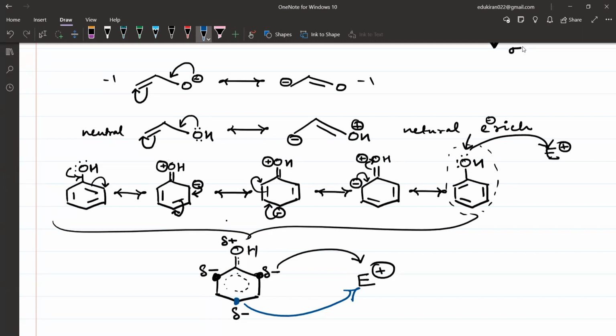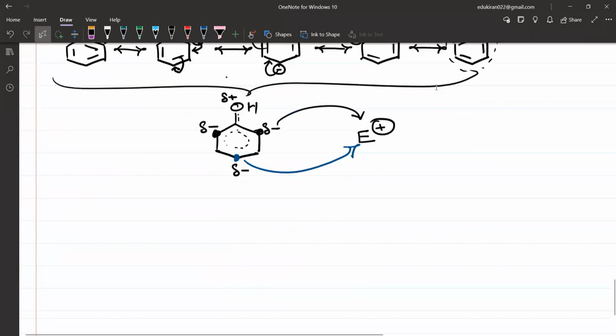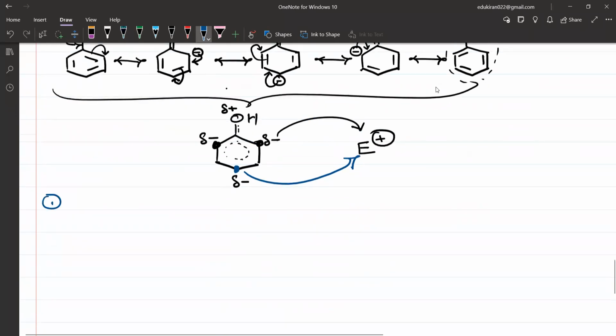So now you have two homeworks to do. One is for a benzene ring with an NH2 group. NH2 also has a lone pair. Okay? You should know this.